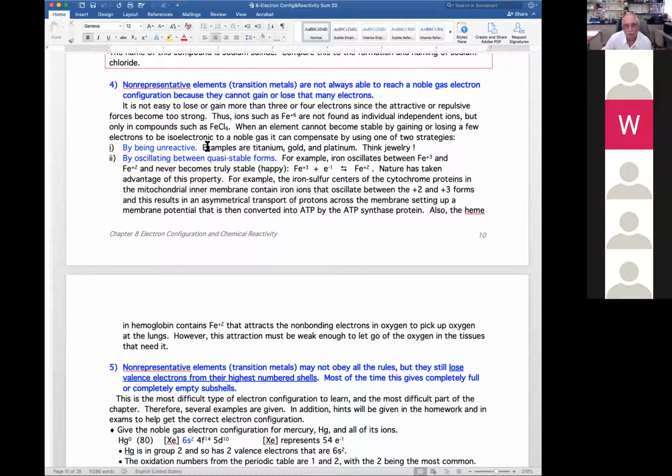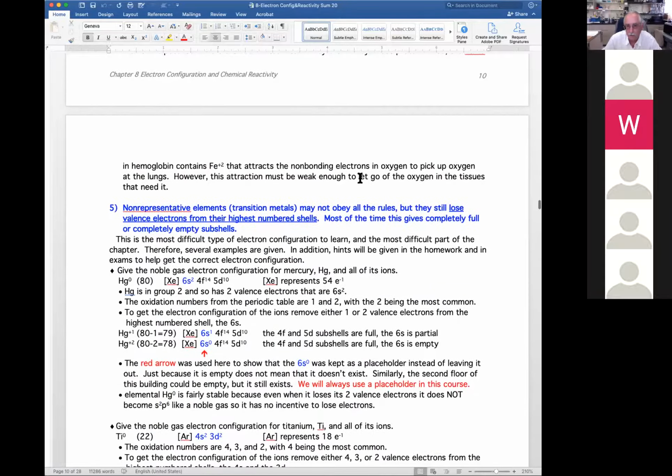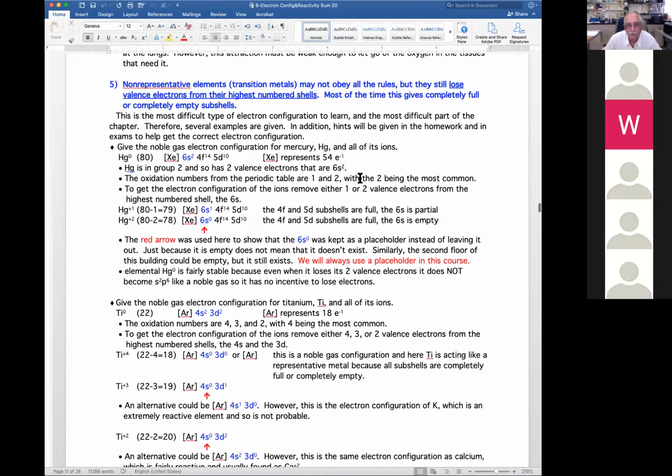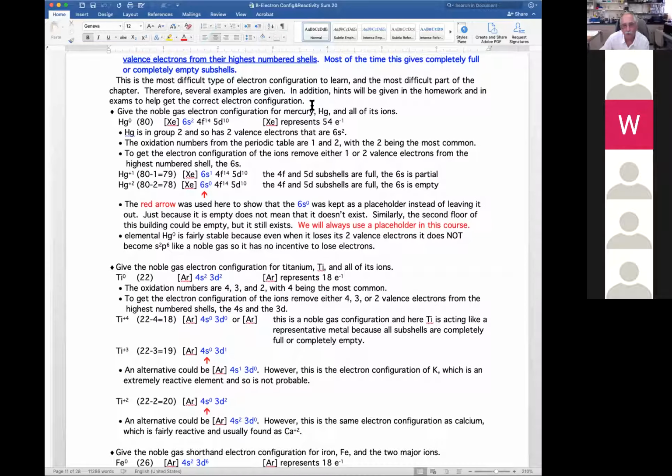You simply become unreactive, because reacting with something doesn't get you anywhere. And another strategy is you simply oscillate back and forth between quasi-stable forms, like what iron does between +3 and +2. So the non-representative elements may not obey all the rules, but they still lose valence electrons in their highest numbered shell. So yeah, this was the most difficult part to do.